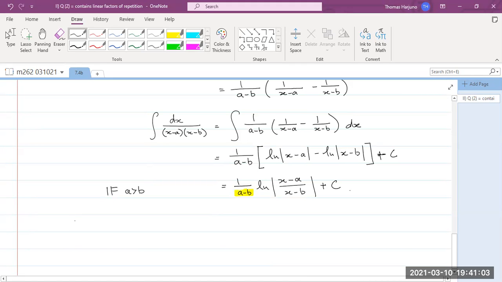Now with this said, let's use this formula. Suppose I need to compute, for example, the integral of 5 over x minus 3, x plus 3 dx. So this is actually a equals 3, and my b is -3.